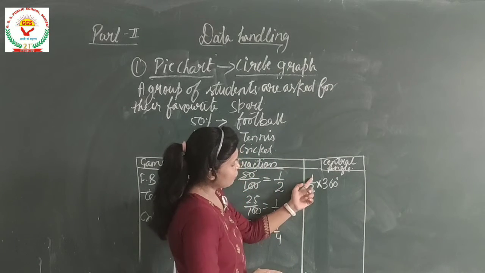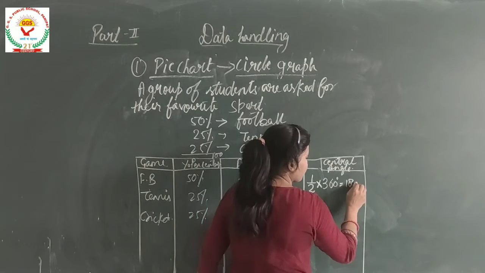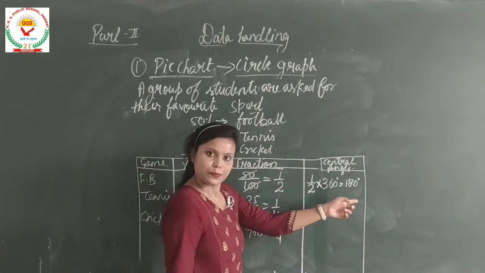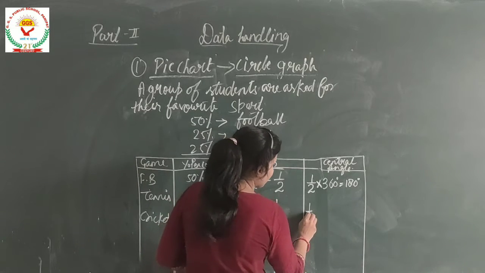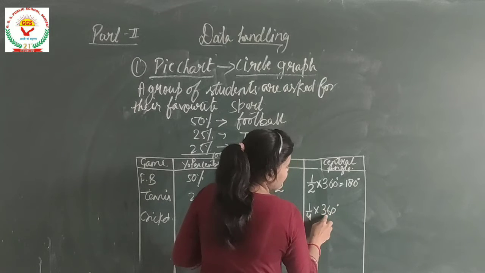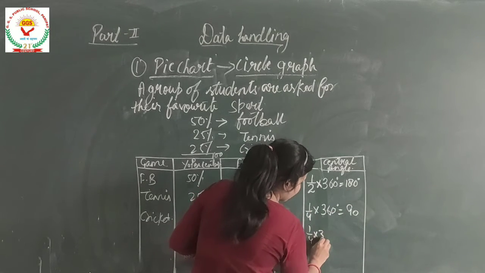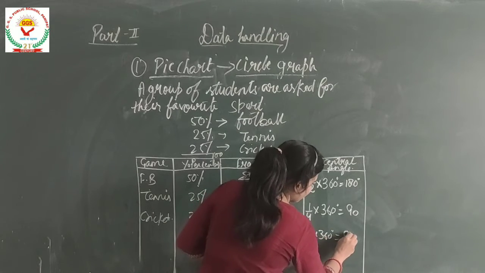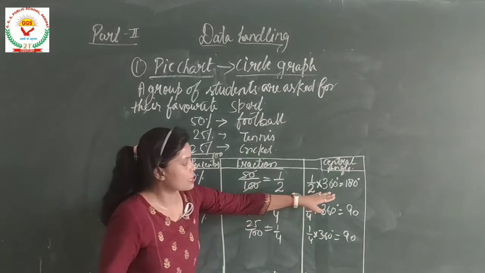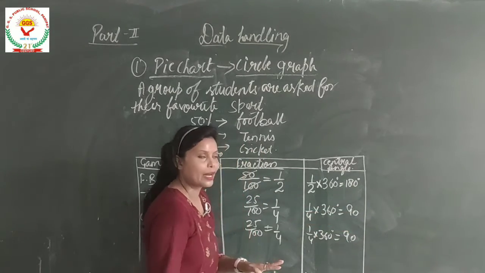So on multiplying 1 by 2 with 360, we will get our angle, 180 degrees. For tennis, 1 by 4 multiplied by 360 degrees is equal to 90 degrees. Now we get all the angles for the pie chart.